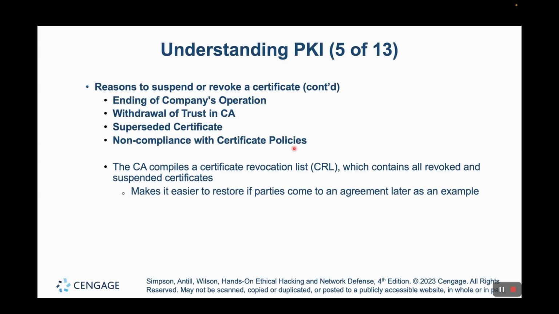This is also another thing, that not complying with the policies will give the CA a good reason to revoke your certificate. Now, the CA compiles a certificate revocation list, CRL, which contains all revoked and suspended certificates. In some cases, it might be possible to restore the revoked certificate, just as an example here, if parties come to an agreement later.